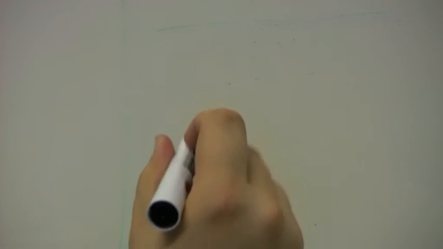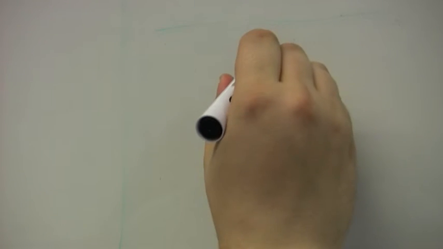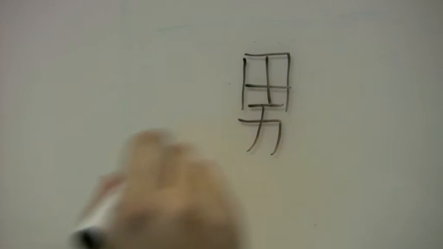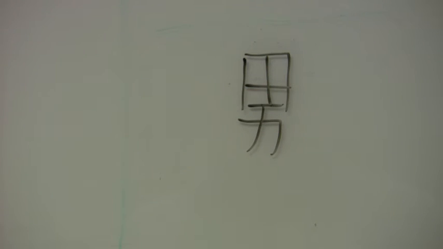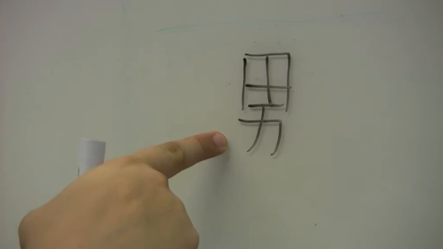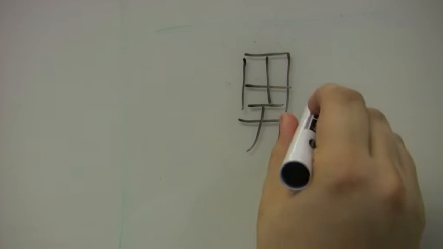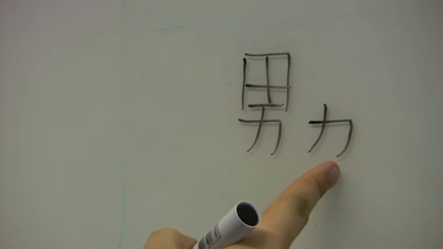Another classic combination that's logical to me is rice field and power, which is a man, because a man is working on the rice field and he's powerful. Oh yeah. And this bottom part is, of course, ka from katakana.